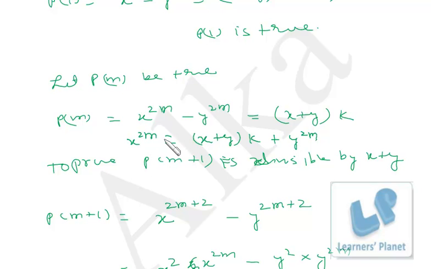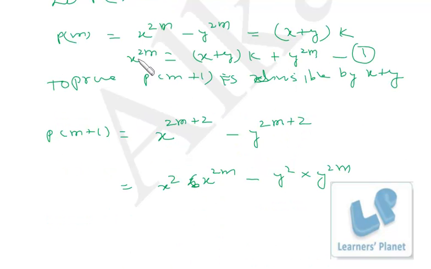I just name this equation as 1. I put the value of x raised to 2m over here. Okay, so it is x square, and x raised to 2m is x plus y into k plus y raised to 2m, right? This is the value of x raised to 2m.